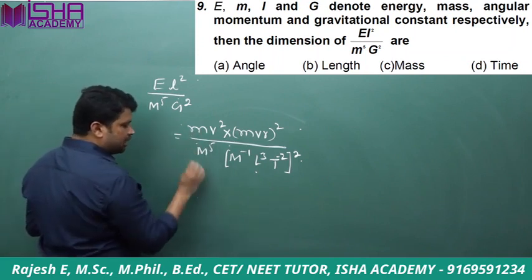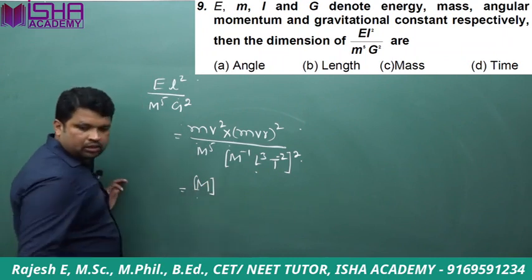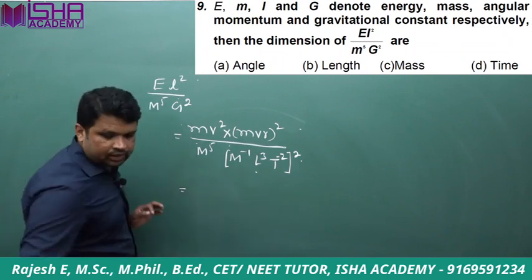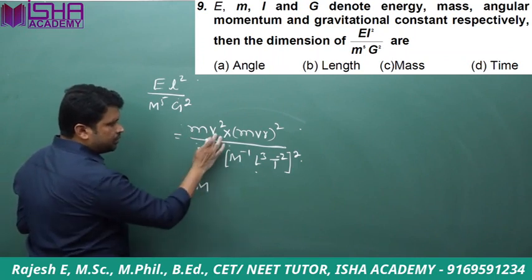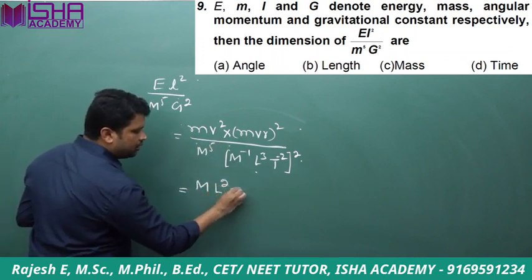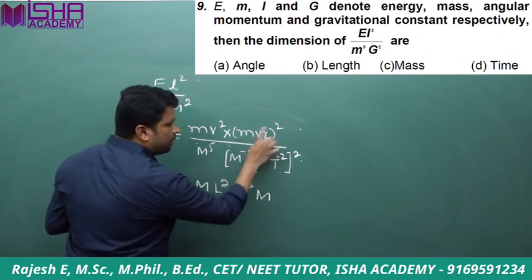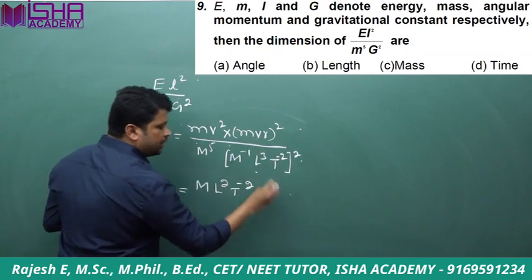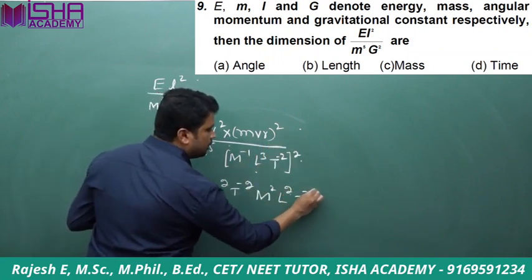The dimension of mass is m. We'll do it like this, this is very simple. Dimension of mass is m. V square is L square T power minus 2. And this mass is m square. This is V square, so L square T power minus 2.